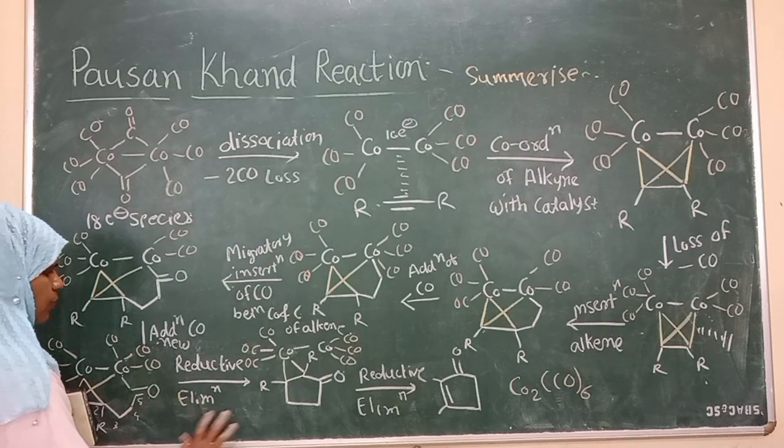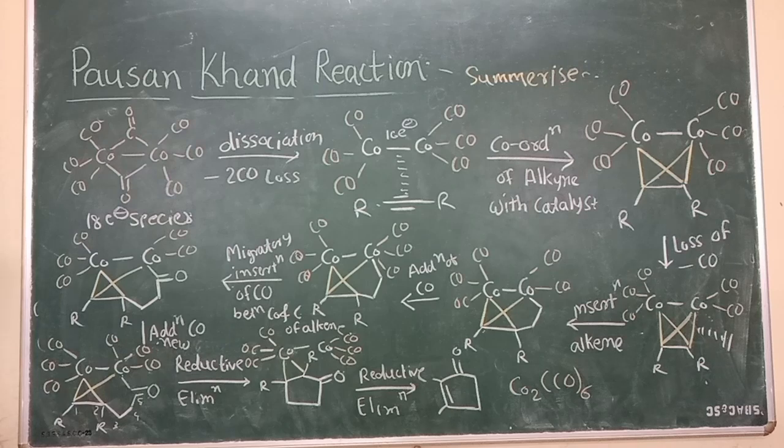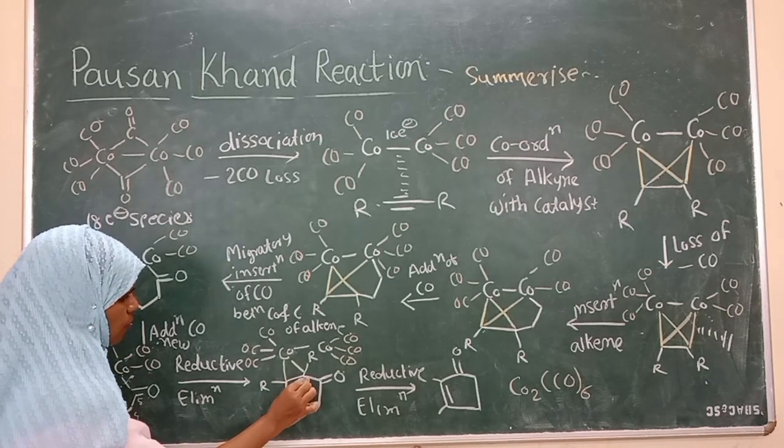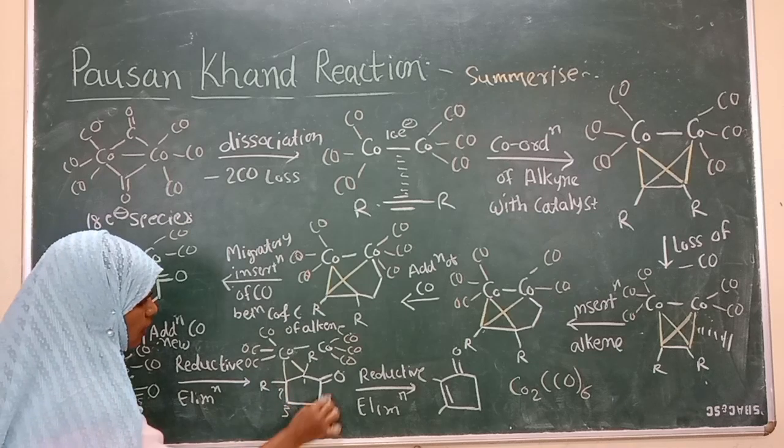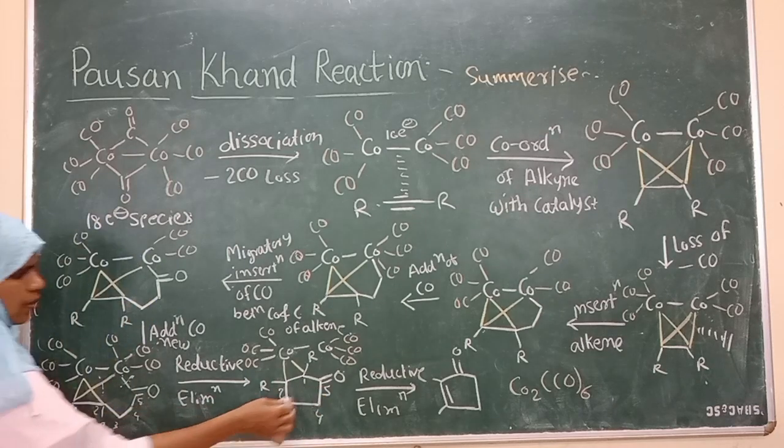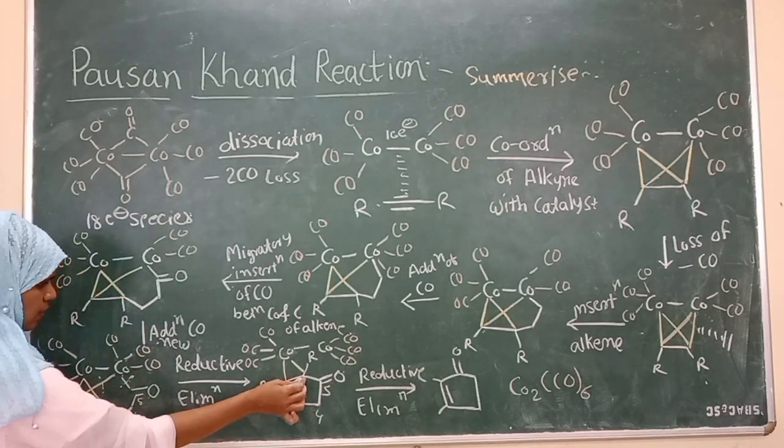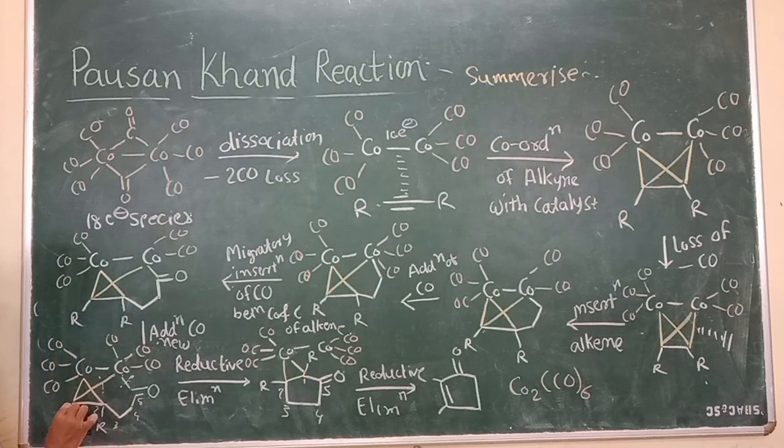After that, reductive elimination takes place. In the reductive elimination, we form a 5-membered ring, 1, 2, 3, 4, 5. This bond will break and this bond will break, and a new bond forms between carbon number 1 and carbon number 5. Carbon number 5 has the carbonyl group and number 1 has an R group.